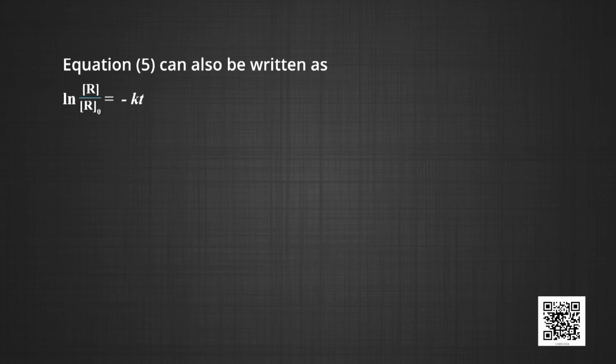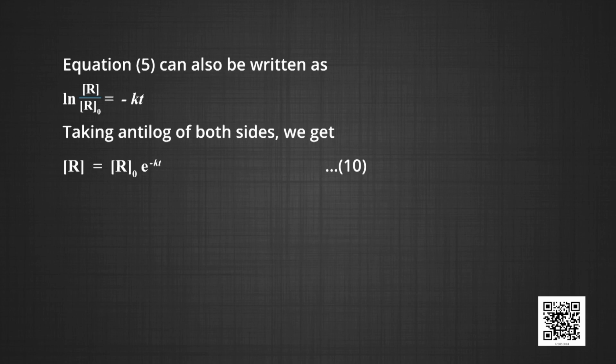Now, equation 5 can also be written as ln [R]/[R]0 equals minus kt. Taking antilog of both sides, we get [R] equals [R]0 e raised to power minus kt.